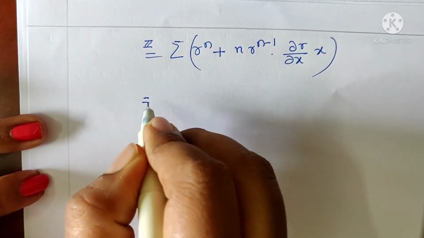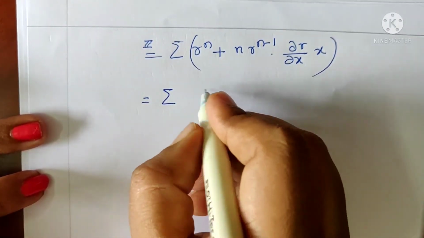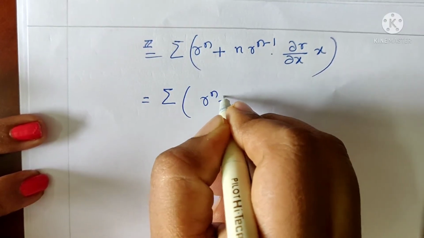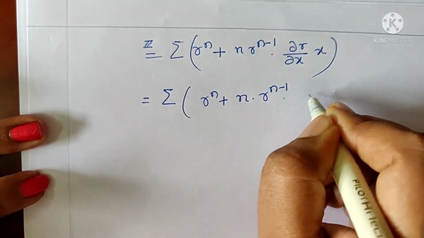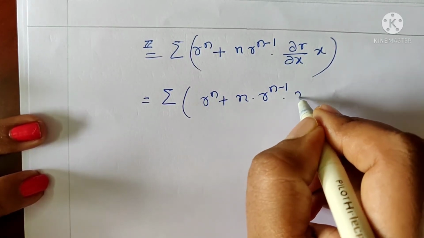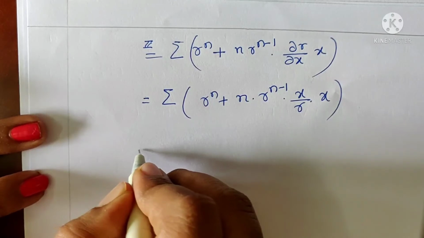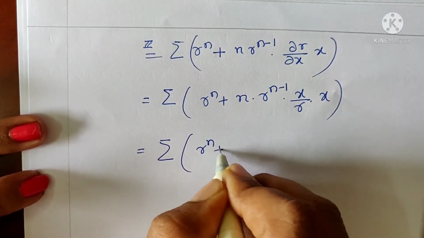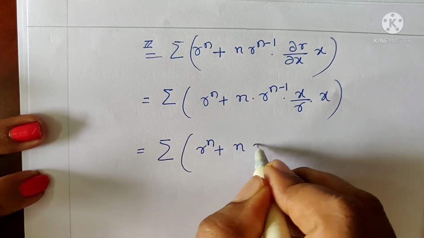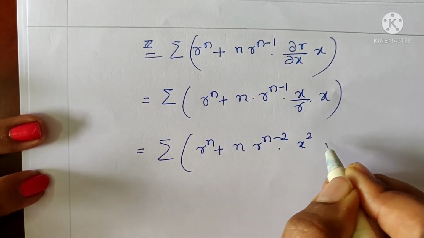So this is equal to summation r^n plus, here again n into r^(n-1), in place of ∂r/∂x we can write x by r into x. So it is summation of r^n plus n into r^(n-2) into x square.